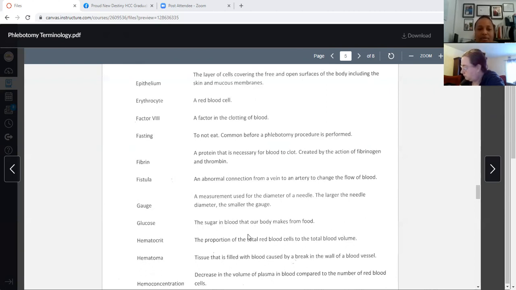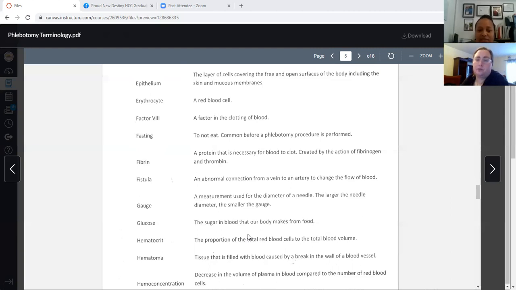All right, next one is fistula. You want to highlight this one. It is an abnormal connection from a vein to an artery to change the flow of blood. When a person is on dialysis, meaning they take dialysis, they get their blood cleaned.